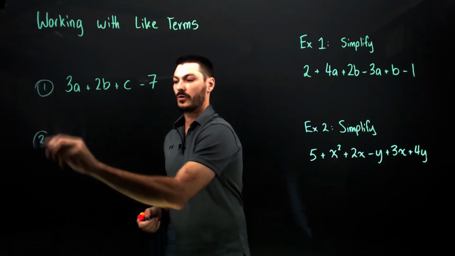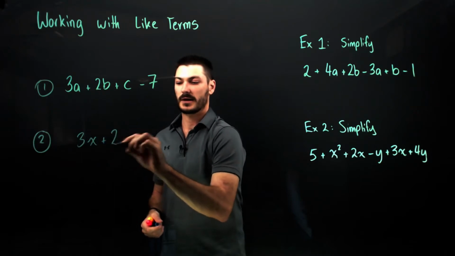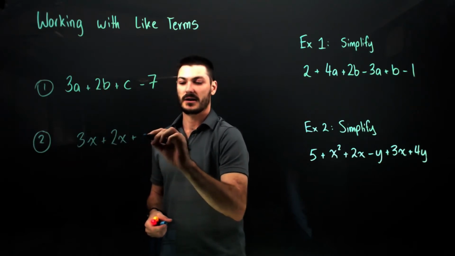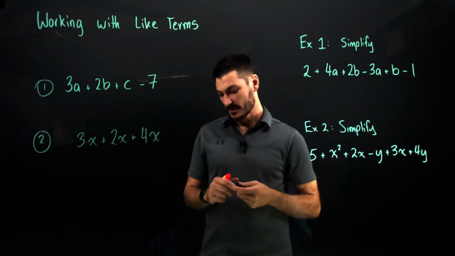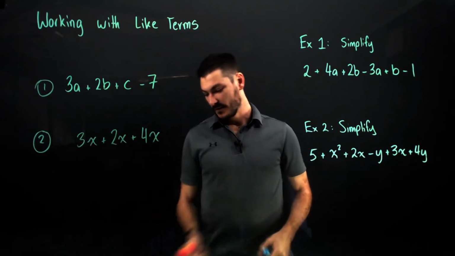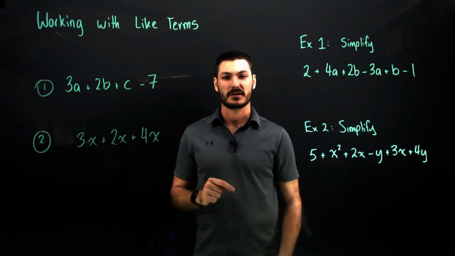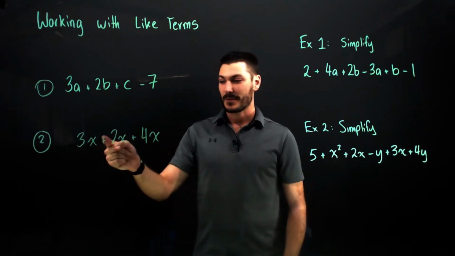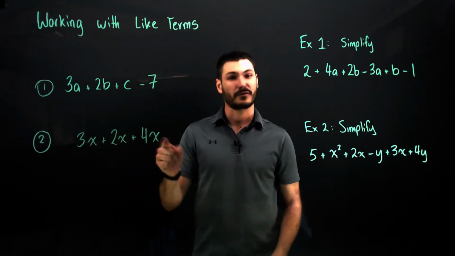Expression 2 could be something like 3x plus 2x plus 4x, let's say. Now in this instance, the x's are in every single one of these terms. And that means that this 3x is like this 2x, which is like this 4x.